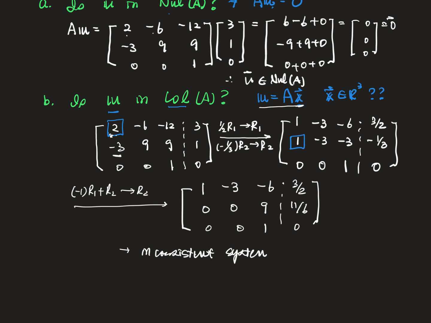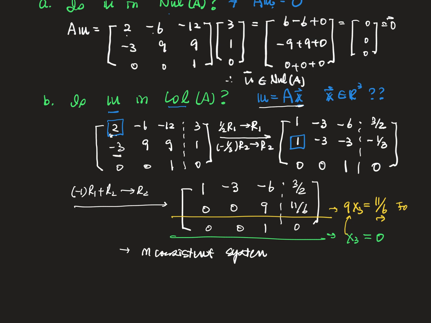Go to the third row. The third row says x3 is 0, right? But what does the second row say, guys? Look at this one. 9x3 equals 11 over 6. So this one says a different story. X3 is 0 is right there. This is true, this is false. So it doesn't make sense. So my equation is inconsistent.